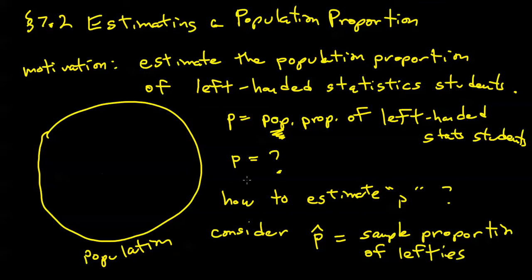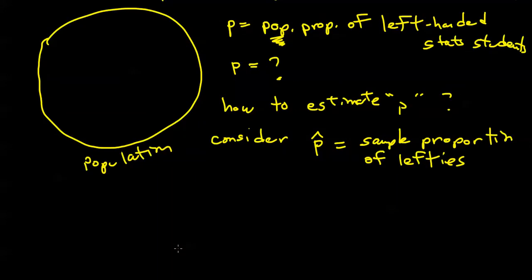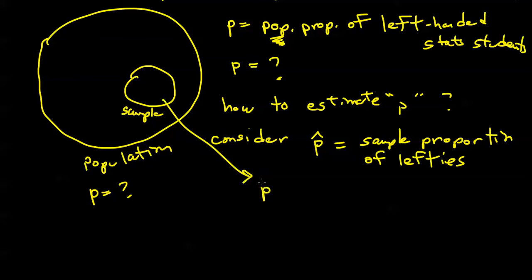Alright, so p, little p, we'll never know. Best we can do is estimate it. We'll grab a sample, and from that sample, we'll consider p hat, a sample proportion of left-handed students.